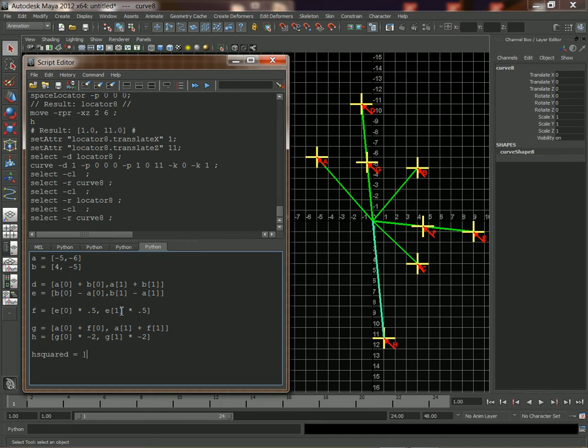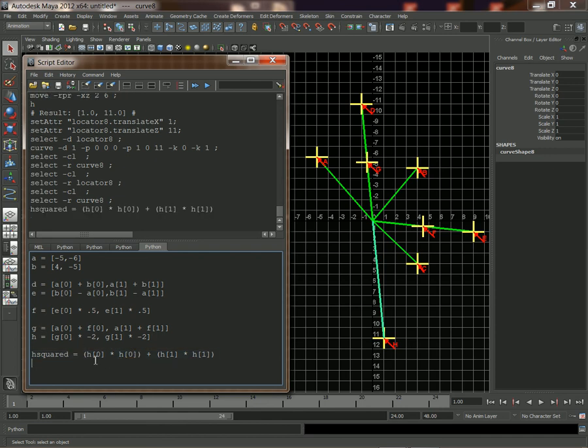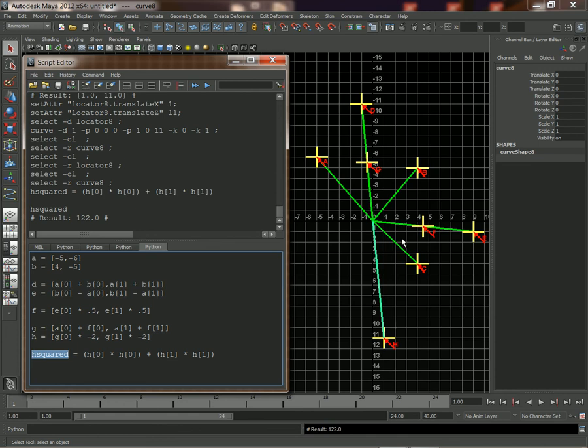So we'll take HX times HX, and then I will add HZ times HZ. And that just gives us one number, which is the length of this vector squared.